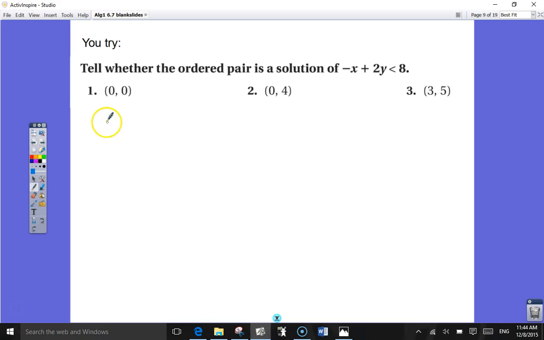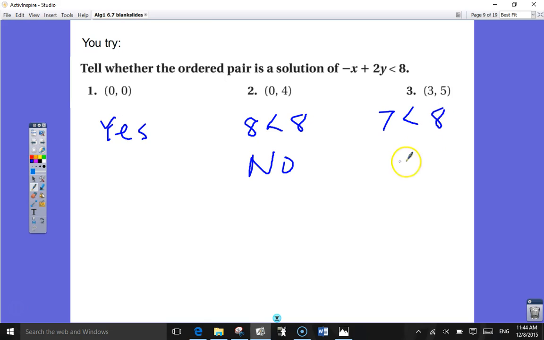That is a yes. How about number 2? What did you get when you plugged in 0, 4? 8 is less than 8. That's not true. That's a no. What did you get when you plugged in 3 and 5 for x and y? Yeah, you got 7 is less than 8, and that's a yes.